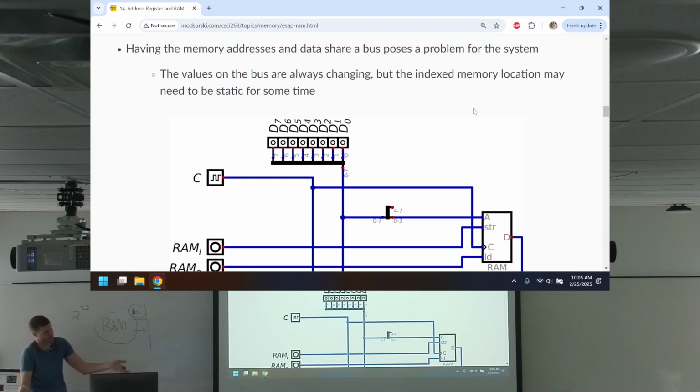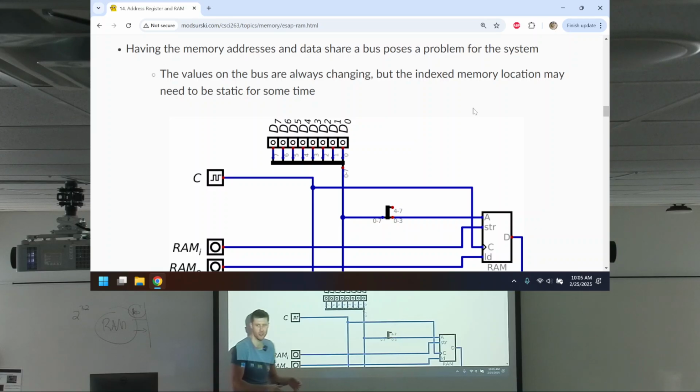And what happens if we try to put 2 pieces of information on the bus at the same time? It ain't going to work. We're going to create a short circuit, and we're going to be very unhappy. So we got a bit of a problem. But fortunately, there is a hilariously simple solution to this problem: a register.